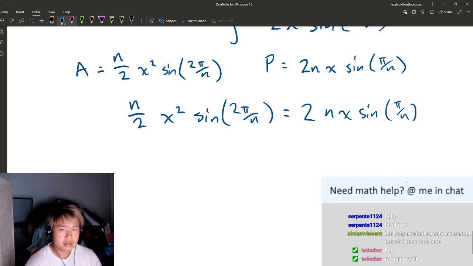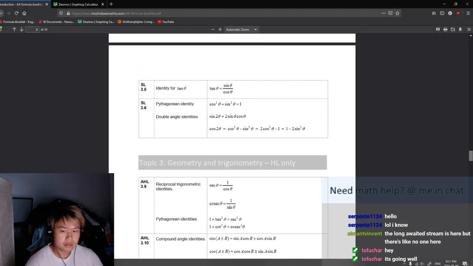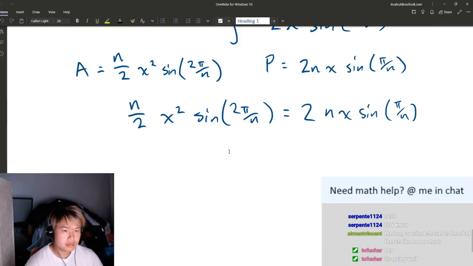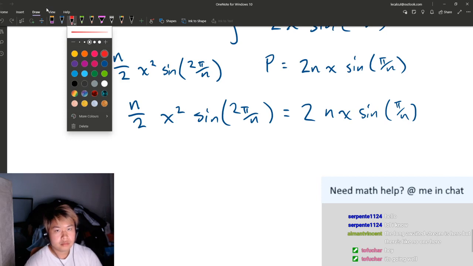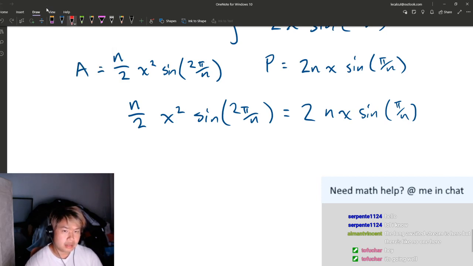So this n is going to cancel out this n, this x is going to cancel out with one of these x's.